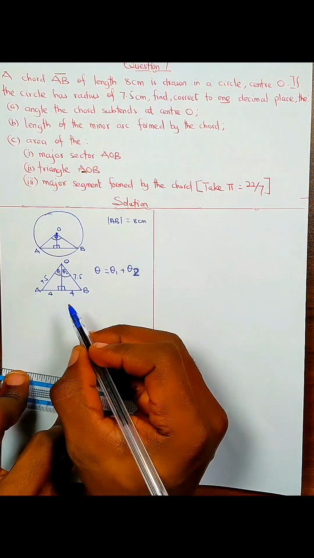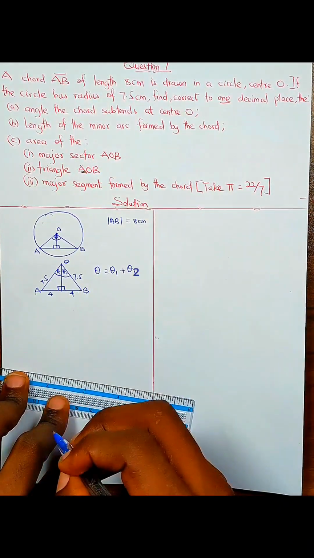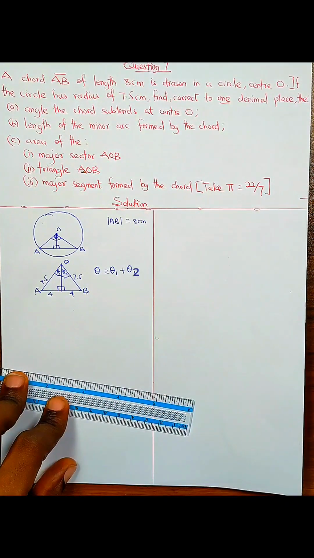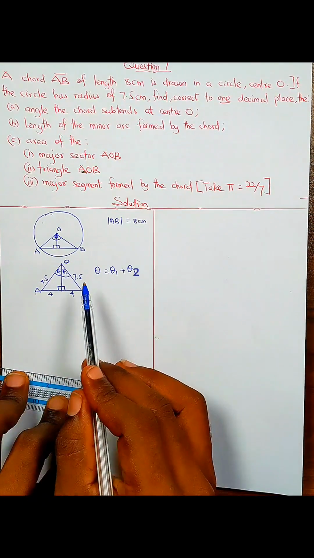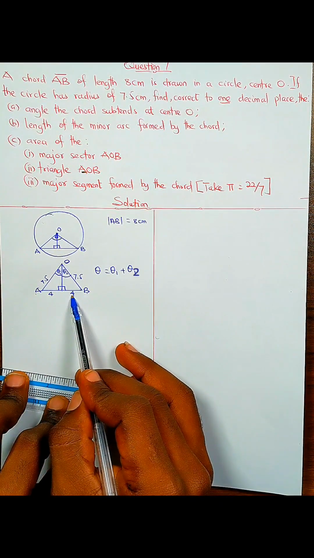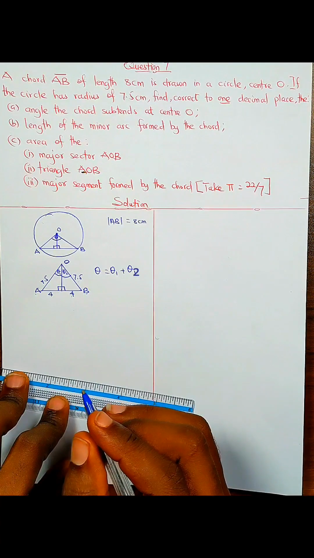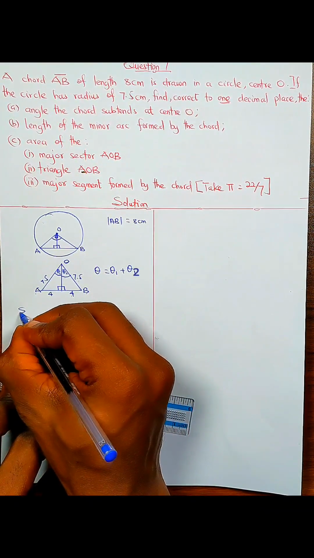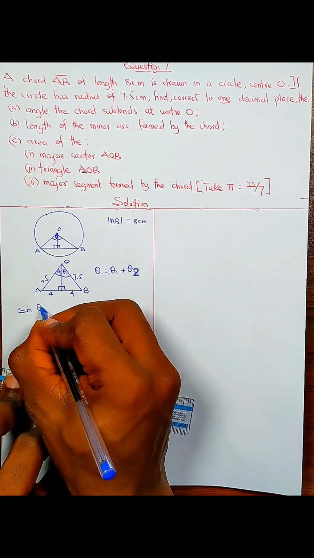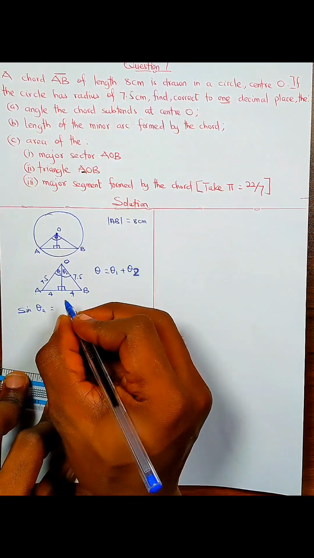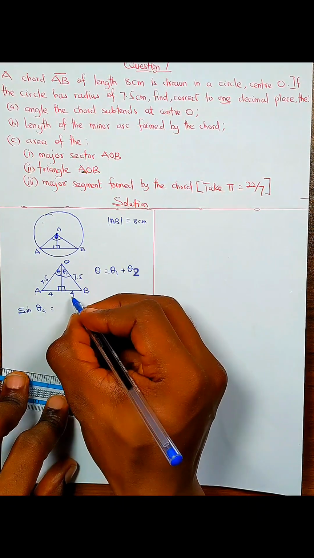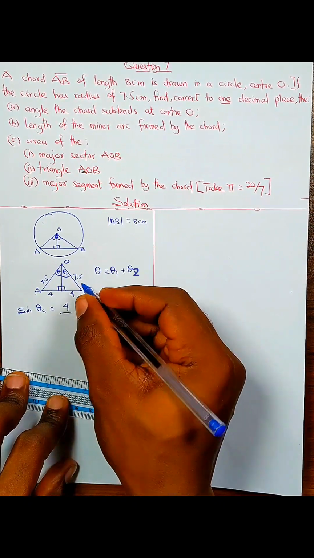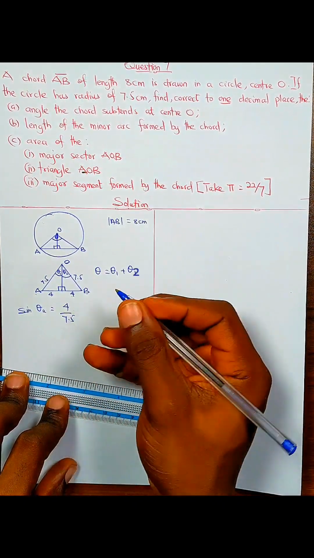Since we know this angle, theta 2, which trig ratio do we use? We can use one that involves the opposite and the hypotenuse, and that is sine. Sine theta 2 is equal to the opposite, which is 4, over the hypotenuse, which is 7.5.